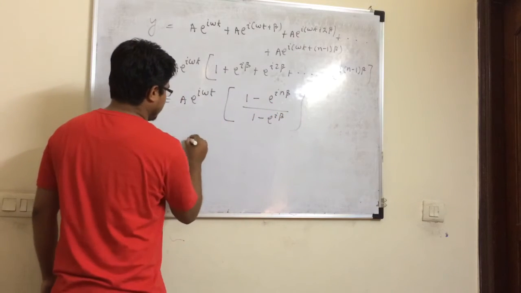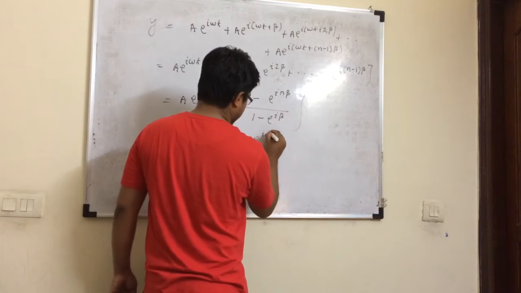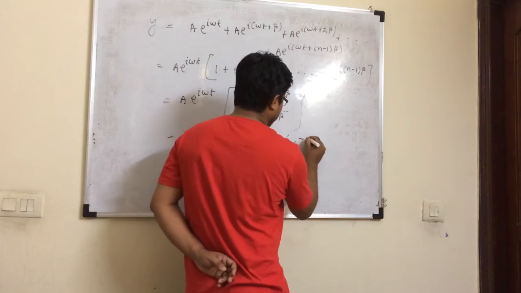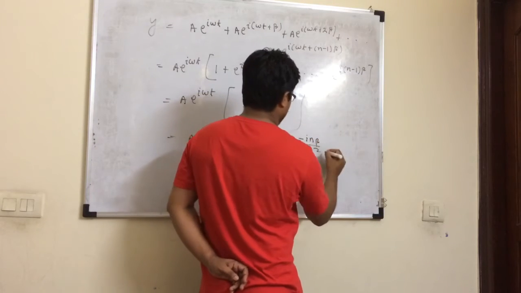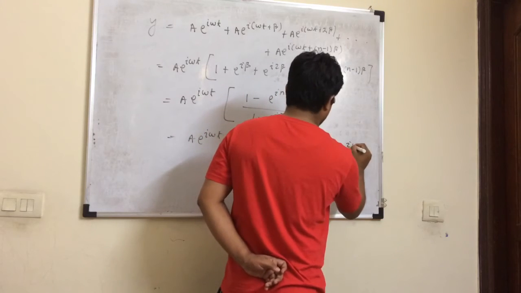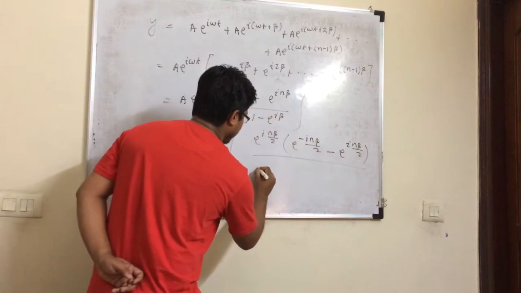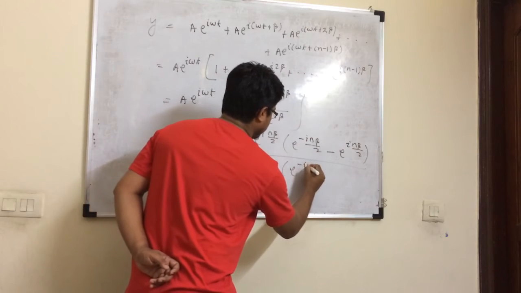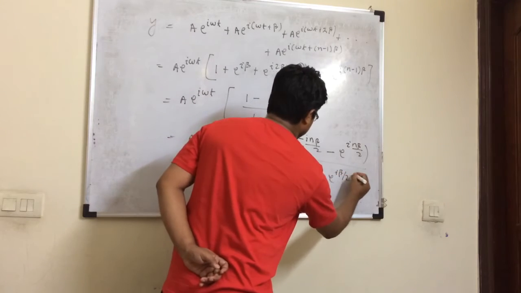So this can be written as e to the power i omega t. Taking e to the power i n beta by 2 common, we can write this as e to the power minus i n beta by 2 minus e to the power plus i n beta by 2, divided by, similarly here if I take e to the power i beta by 2, this will give us e to the power minus i beta by 2 minus e to the power plus i beta by 2.